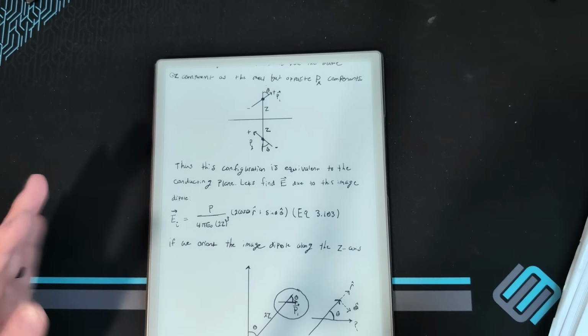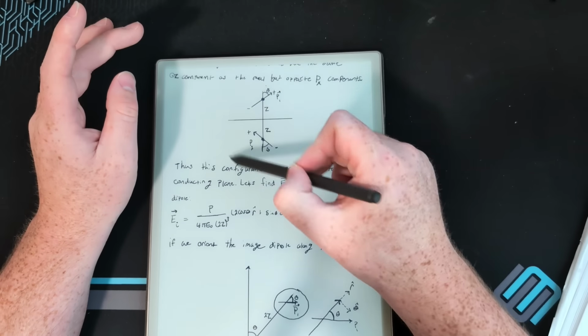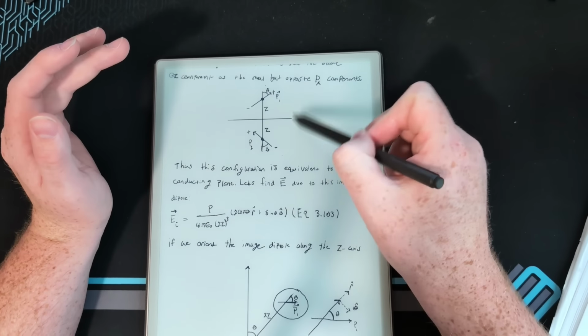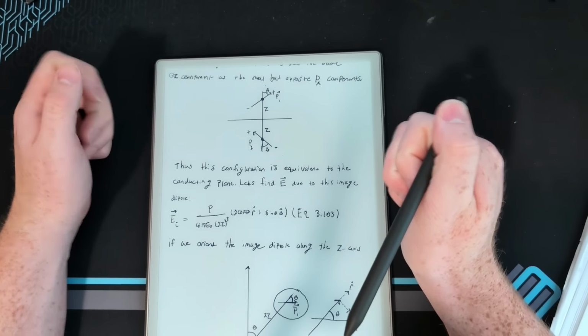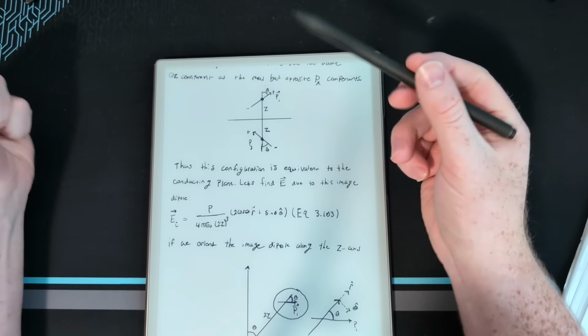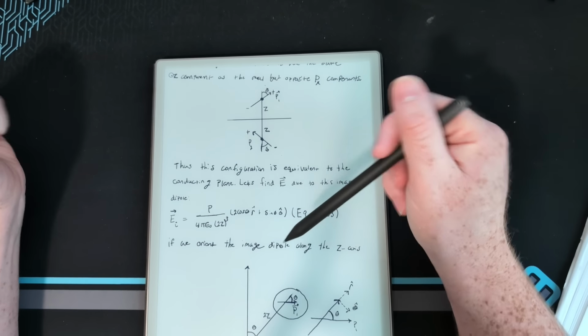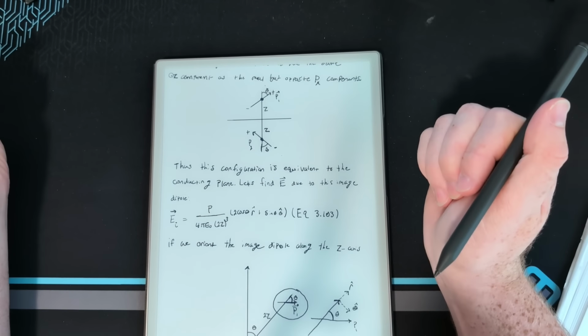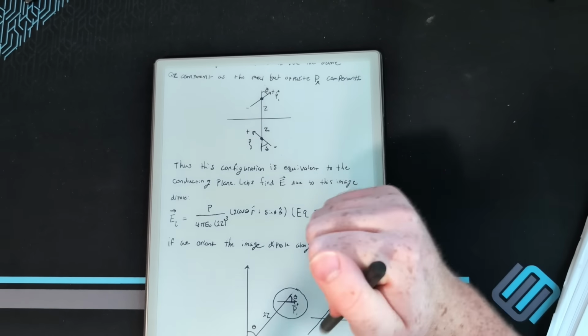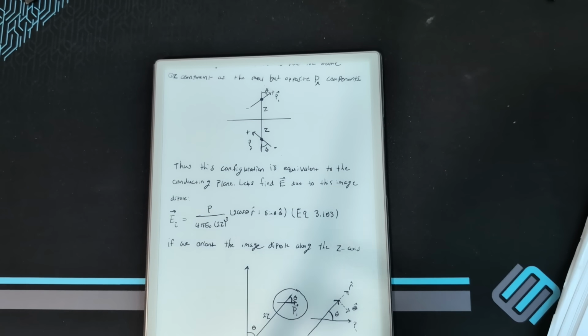So this is our problem now that we're going to solve instead of the conducting plane problem. What's nice about this is we know the electric fields of dipoles and we know the potentials of dipoles and stuff. So we can use this to our advantage to solve for the torque, and that will be equivalent to what the torque produced by the conducting plane would be, which is really cool.